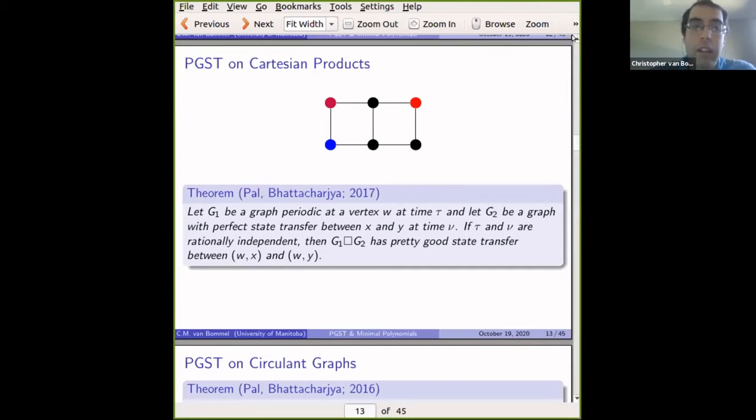There's a method of constructing examples with pretty good state transfer using Cartesian products. This was investigated by Pal and Bhattacharya.